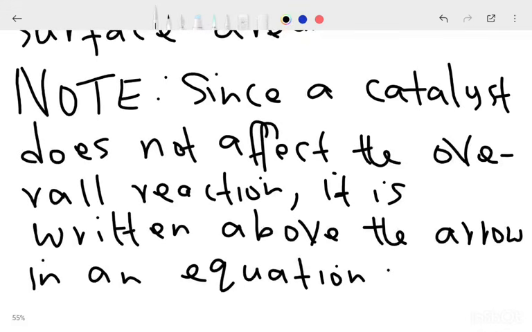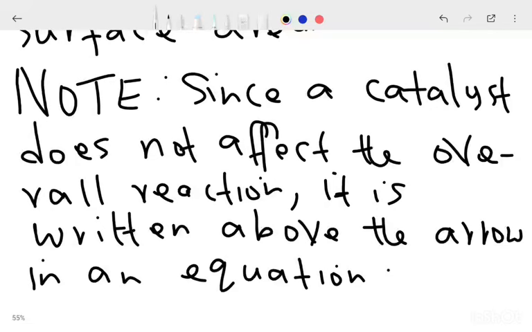Now, a catalyst cannot start a reaction. It is always effective when a chemical reaction is already in progress, when the reaction has already started.